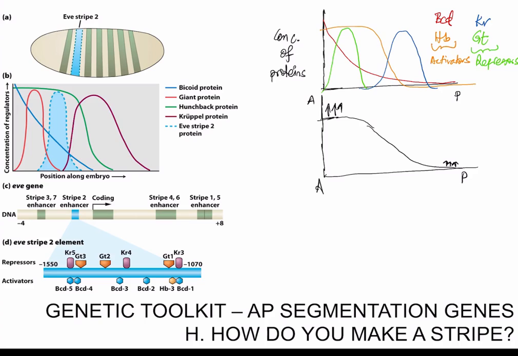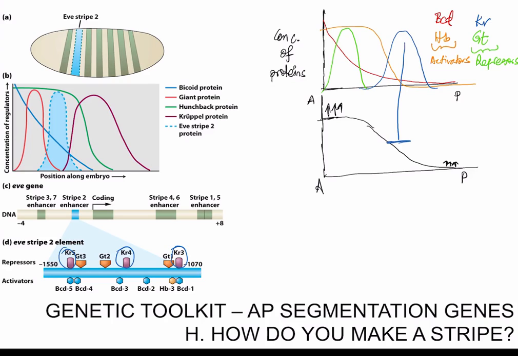Now, Kruppel, because it's expressed in the posterior, will repress the expression of even skipped because there are Kruppel binding sites in the stripe 2 enhancer.